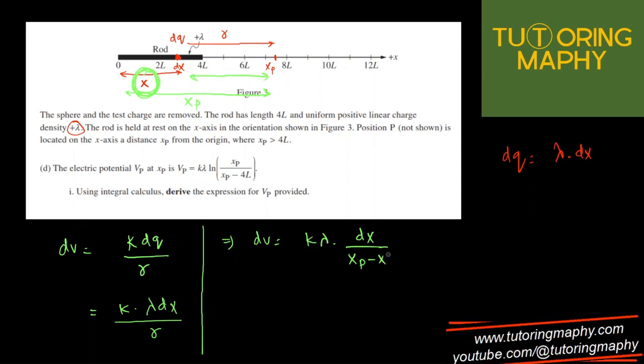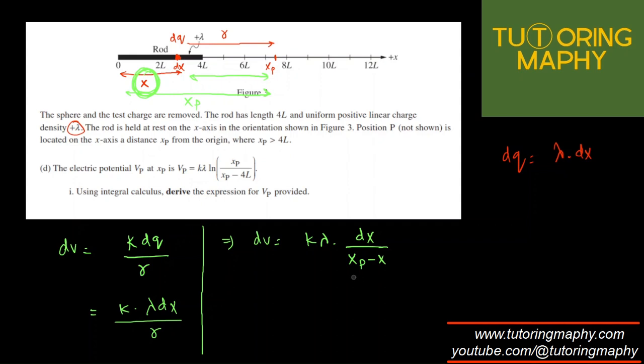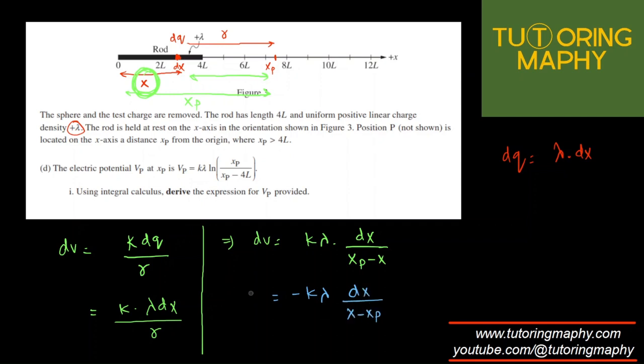And at this point, I'm just going to integrate this. I think a minus sign is going to come out. So I'm going to take that minus outside. So it will become minus k lambda dx over x minus xp. And now I'm going to integrate on both the sides.